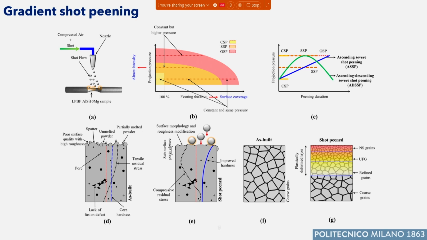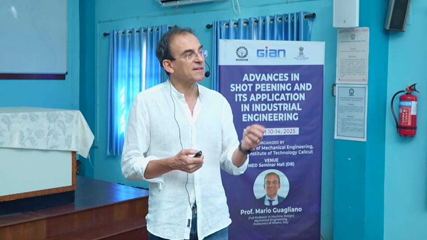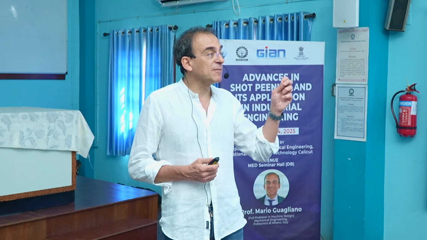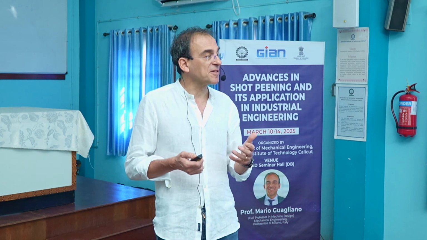Considering that severe shot peening is good and obtains better performance with respect to conventional shot peening, at the same time we are losing some of the advantages due to the surface roughness. We must think of something that is able possibly to reduce this effect, and maybe sometimes to avoid, or anyway to make not necessary in some applications, the final electrochemical polishing process that we commented on yesterday.